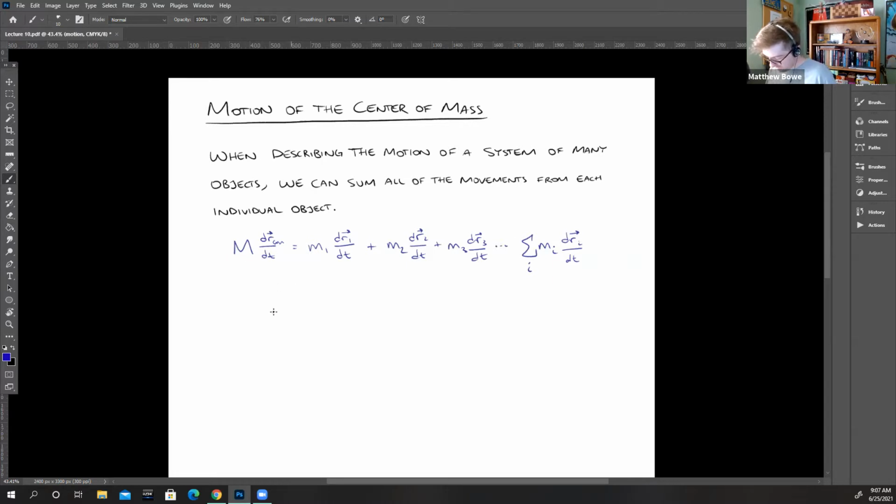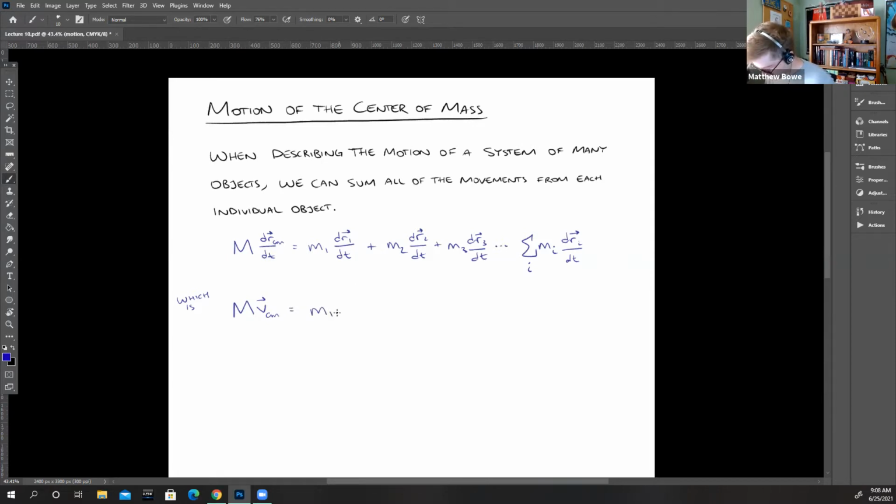This just shows me that I could write it as the total mass times the velocity of the center of mass.